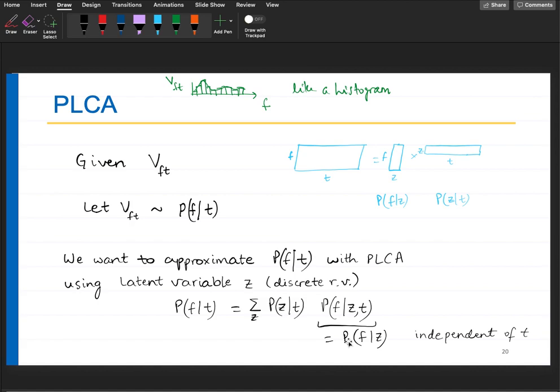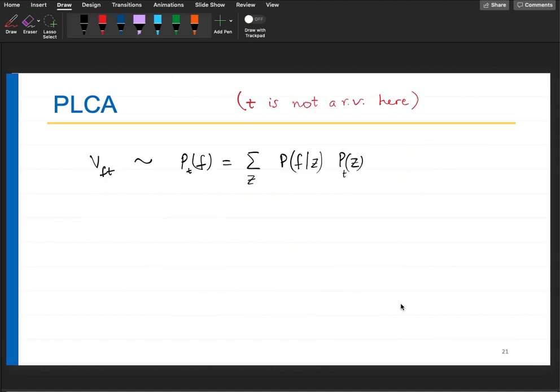Z is the index which is controlling my dictionary element, telling which dictionary element it is. So P(F|Z) is independent of time, so basically F is independent of time given Z, conditional independence. This is the assumption. I have broken P(F,T) down into P(F|Z) and P(Z).